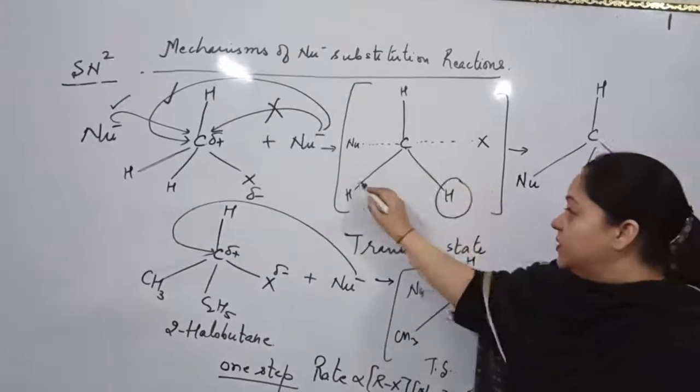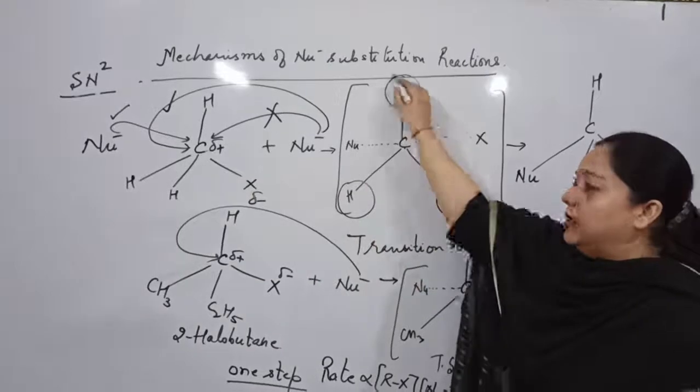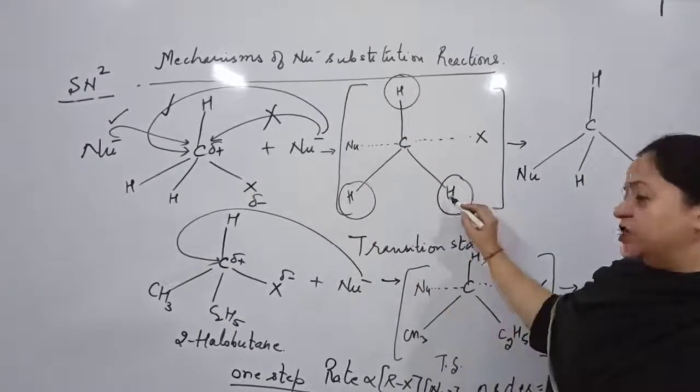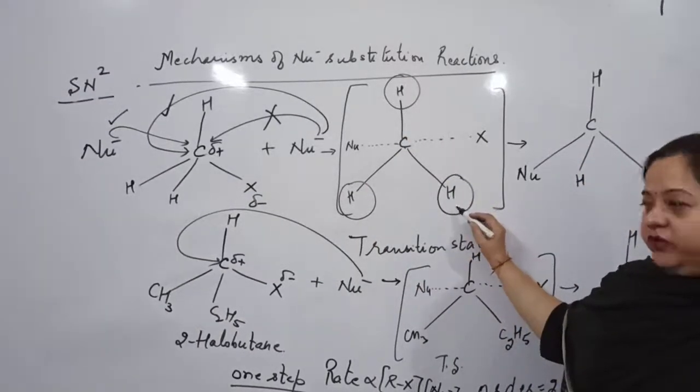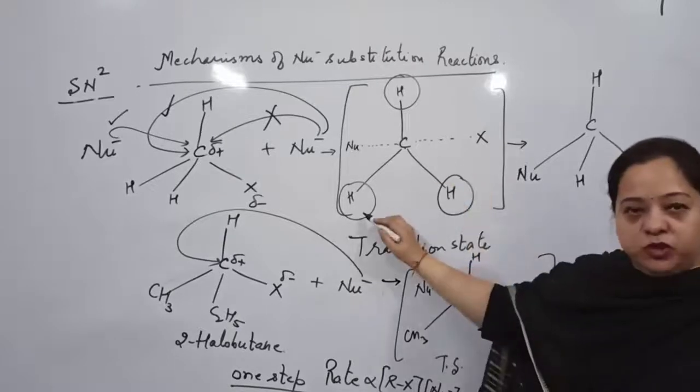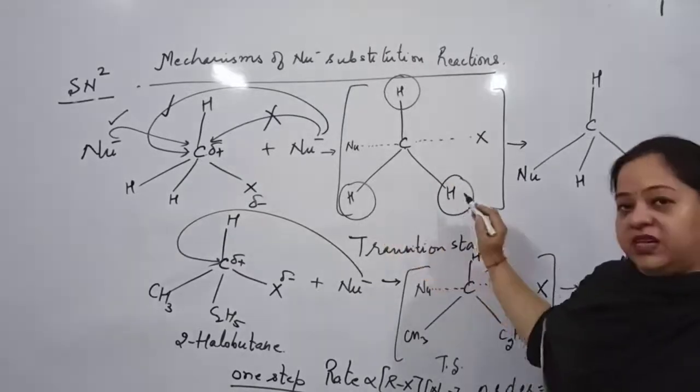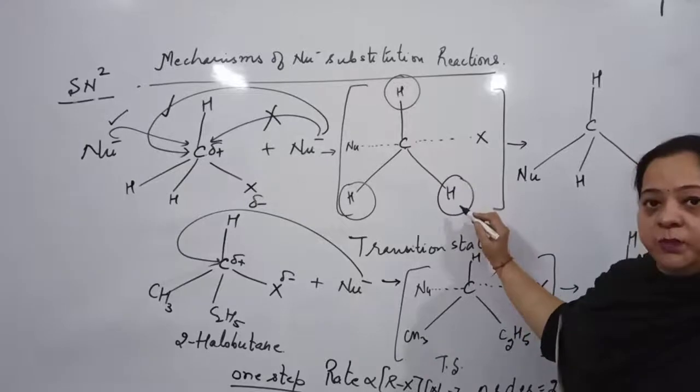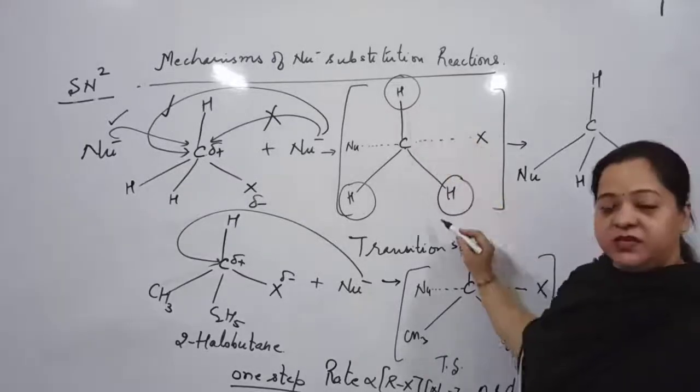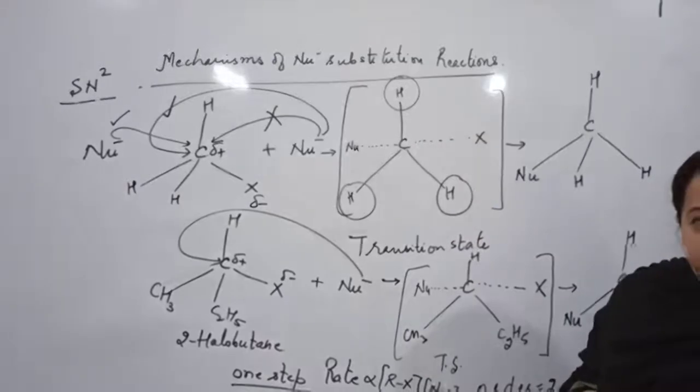If these groups become more and more bulky, hydrogen is replaced with methyl, the second hydrogen is also replaced. As these groups become more and more bulky, the transition state becomes more and more unstable.